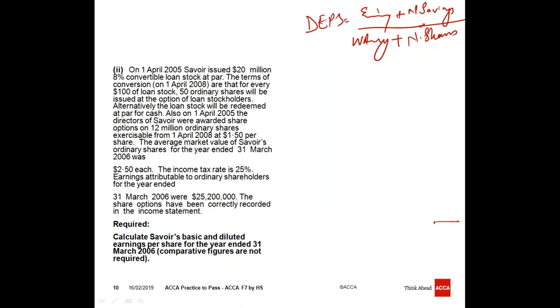So when we add notional savings in the numerator and notional shares in the denominator, we get the value of diluted EPS. So diluted EPS means we are calculating the EPS on the assumption that when the potential ordinary shares are converted into ordinary shares in the future, what will be the possible negative impact on the EPS.